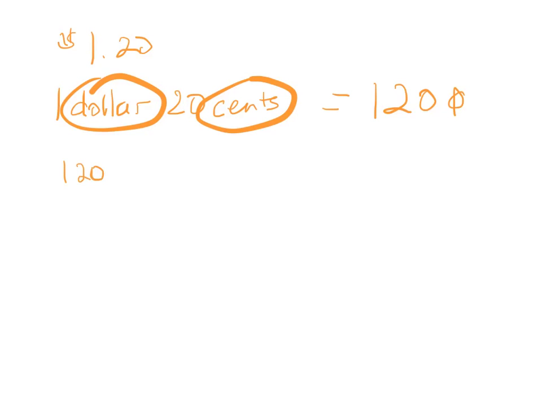So I'll have 120 cents times, that'll be over 1, and again, I want cents on the bottom, so if you remember I did 8 ounces equals 40 cents. The cents symbols will be eliminated, so I'll have ounces for my answer.